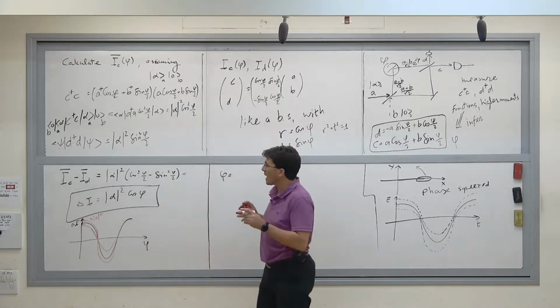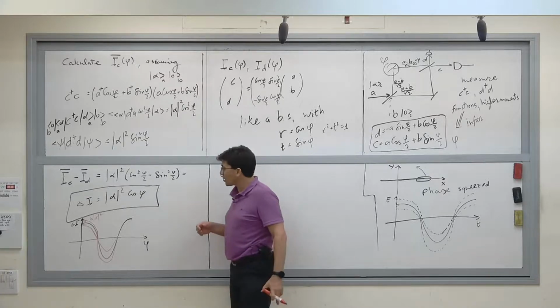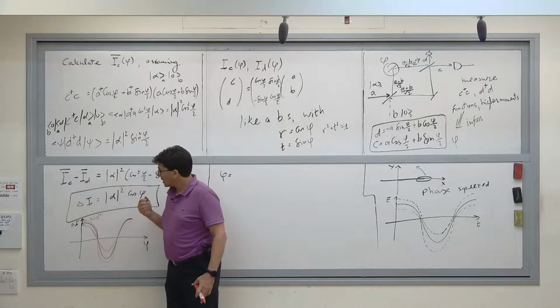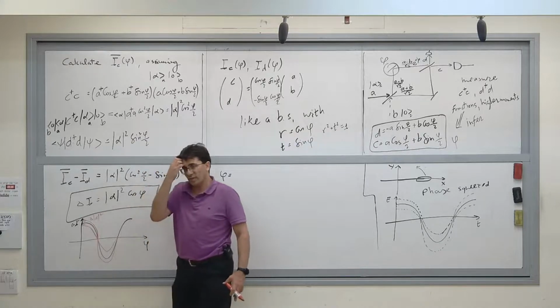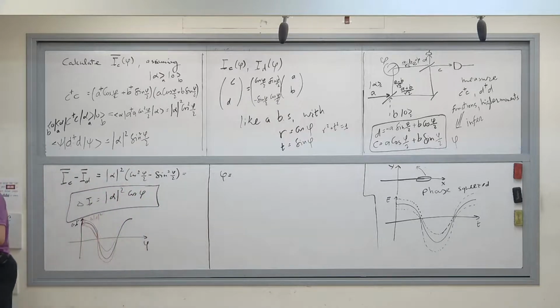So this is the classical prediction. Classically, you can ask about the sensitivity to a phase. What do I mean by the sensitivity to a phase? This is really simple.